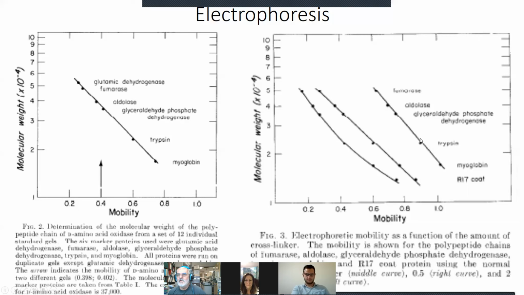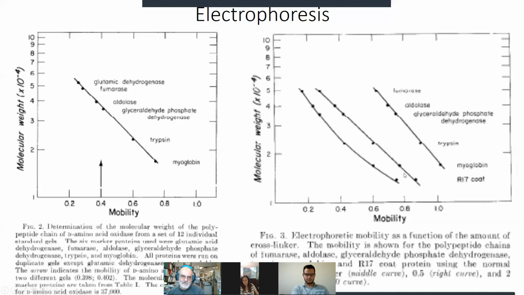So the one on the right is more open, and the one on the left is more closed. Because of the tighter sieving, this more cross-linking and smaller holes basically in the acrylamide, you get more fractionation, and so you begin to lose linearity. You could still use this as a calibration curve, and they discuss that in the paper, but it's curved, not linear, so it makes it a little more problematic.